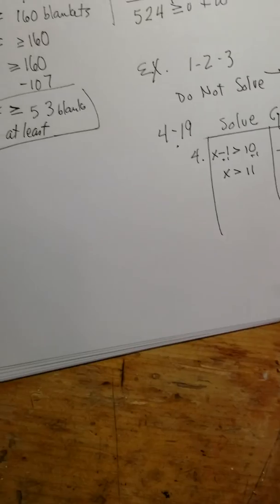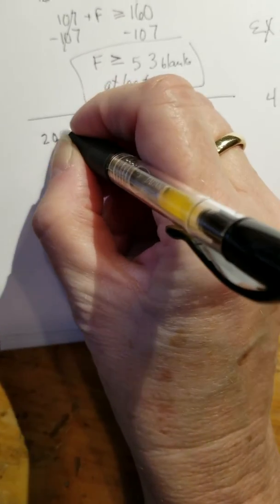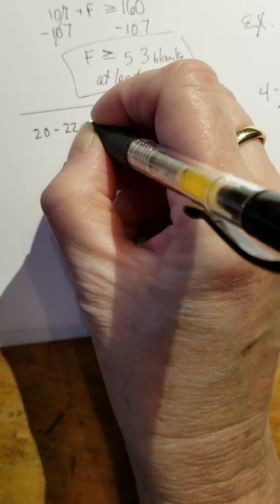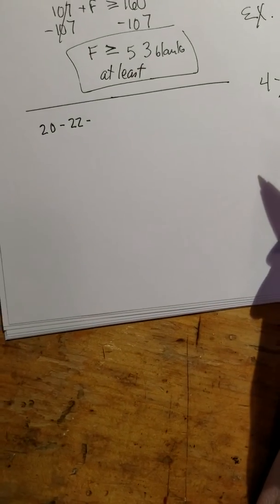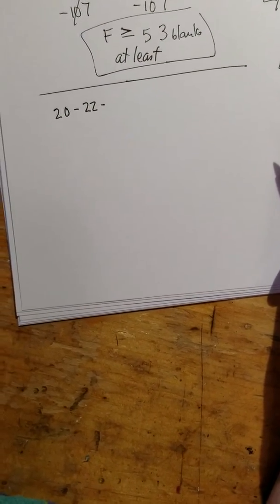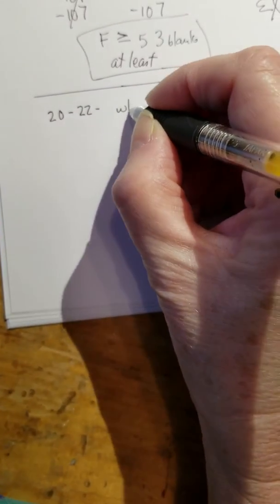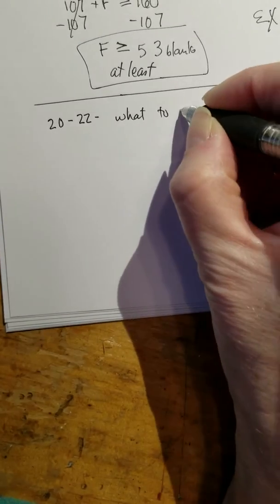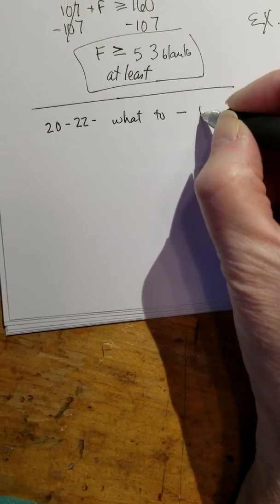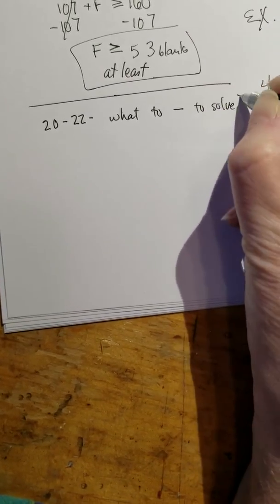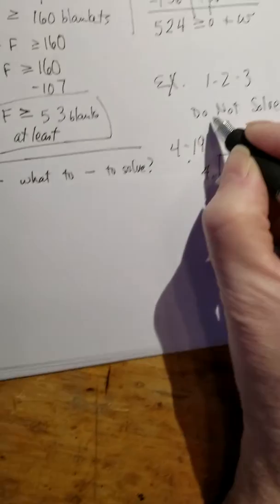Then we get to, we'll come over here, problems 20 to 22. State what number you would subtract from each side. Want to subtract to solve. Do not solve it.